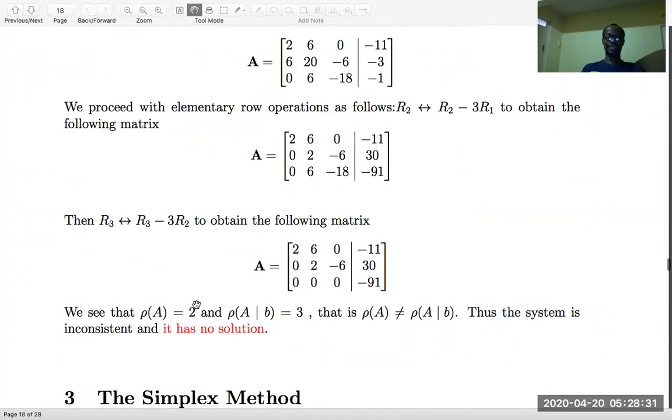If you are only looking at matrix A, it's only this part, which means this row and this row have non-zero numbers, and this row has zeros. So there are 2 non-zero rows, which means the rank of A is just 2. But if you're looking at the entire augmented matrix, there are 3 rows with non-zeros, which means the rank is 3. So that is not equal, and the system is inconsistent and has no solution.